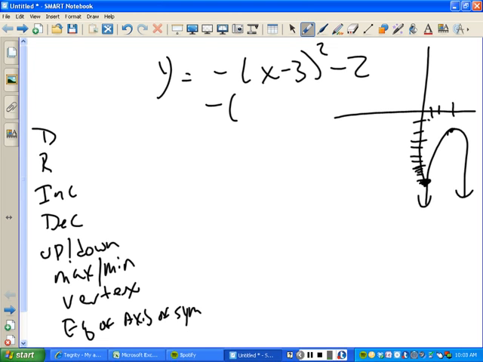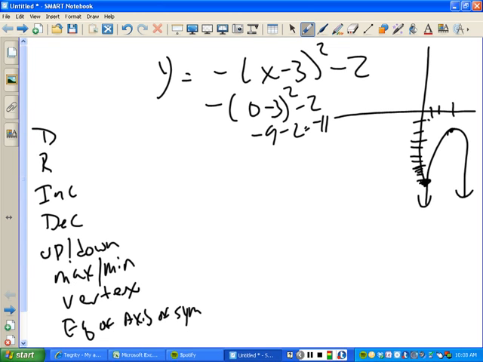Negatives out front. So this is negative 9 minus 2, which is negative 11. Purple's on Fridays. That's the answer that day.